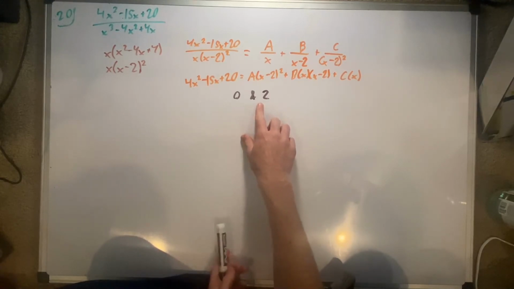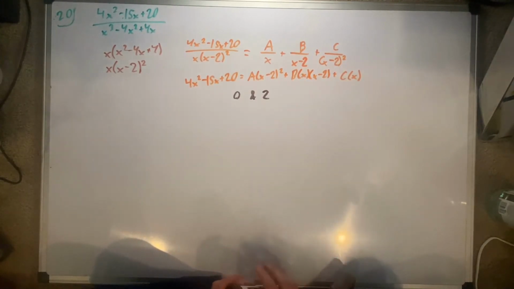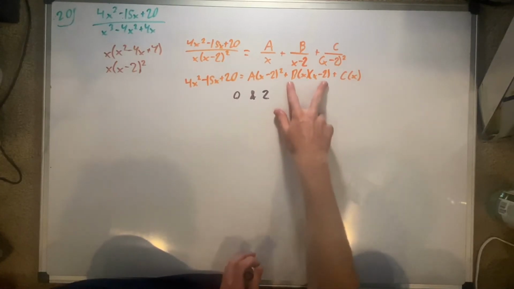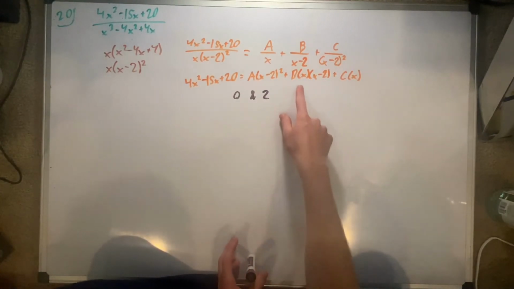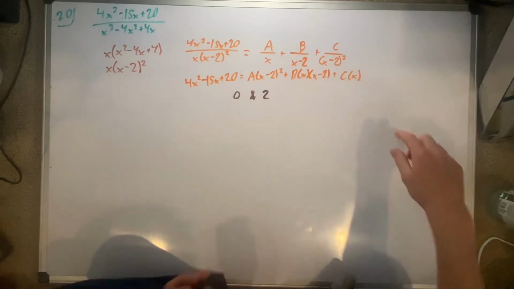If we plug in 2, it would eliminate the a and the b, so that would leave us with just c. And then when we solve for a and c, we'll just plug in those values at the very end to solve for b, while plugging in a random number for x, so that we can solve for b once we have a and c.